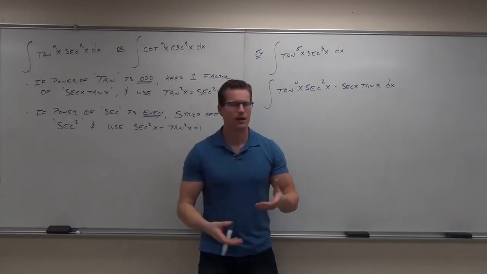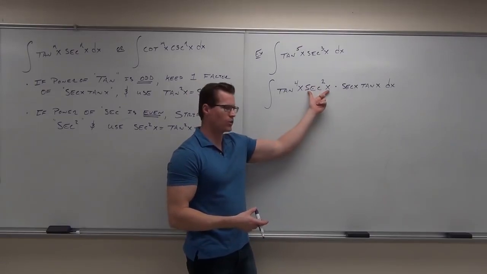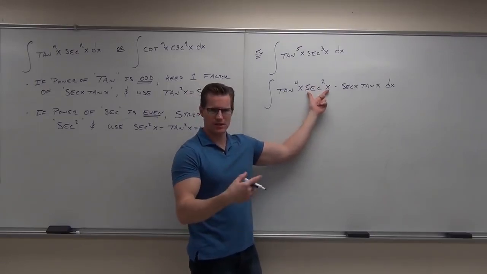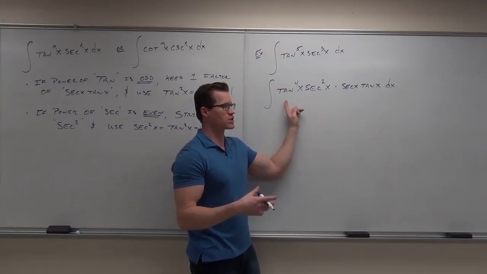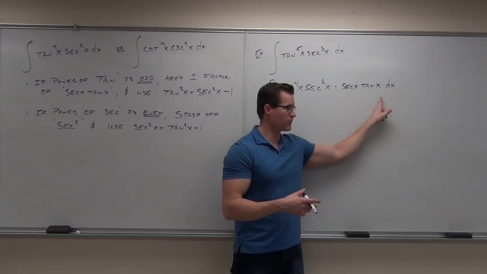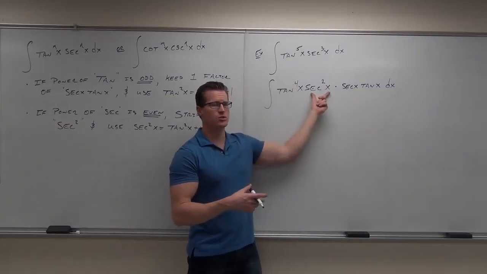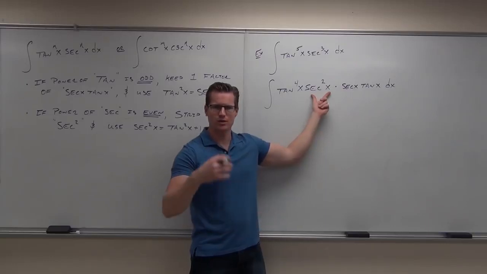Now, do I want to change secant squared? No. Some of you might be thinking, wait a minute, that's even, should I do that? No. The idea here is you're trying to make it so your substitution has this derivative. This is the derivative I want. If I change this to a tangent, I'd have a substitution of a tangent. What's the derivative of tangent?